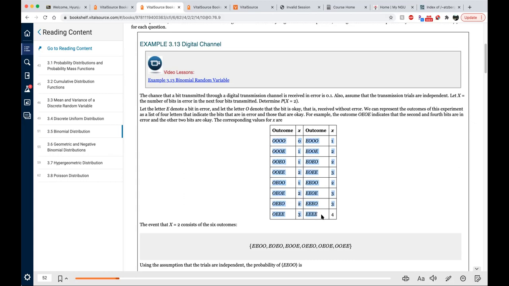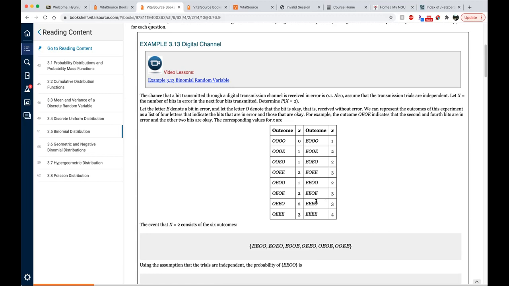Look at this table. Maybe all four bit transmissions are okay. O means okay, E means error. Maybe the first three are okay but the last one we got an error. Whereas the first two are okay, the third one we got an error, and the last one is okay.